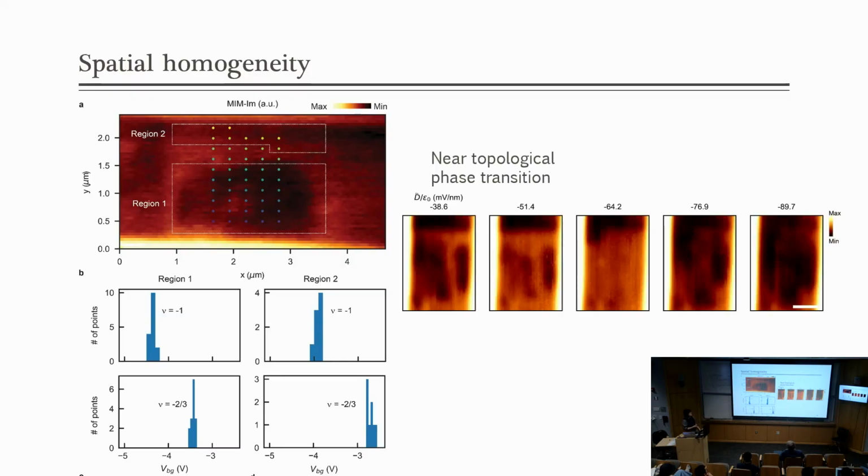But we could also see that if we drive the system too close to that topological phase transition with displacement field, that homogeneity is no longer there. So that whole phase transition process is very complicated. I've learned a lot about percolation theory and everything about the quantum Hall effect, which might be more complicated here because it's a transition into a Chern density wave.